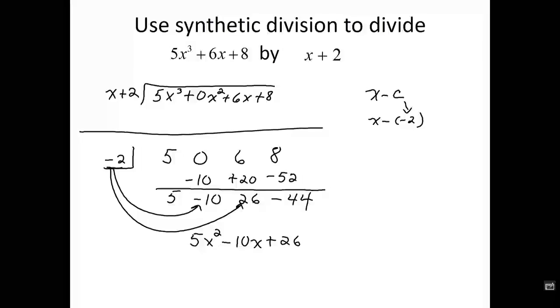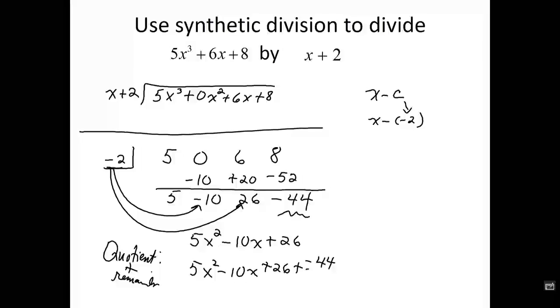This last term, negative 44, represents the remainder. So if we were to express this, we have the quotient 5x squared minus 10x plus 26, plus a negative 44 divided by x plus 2. This is our answer.